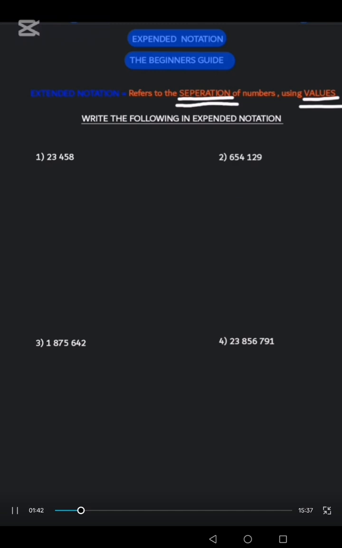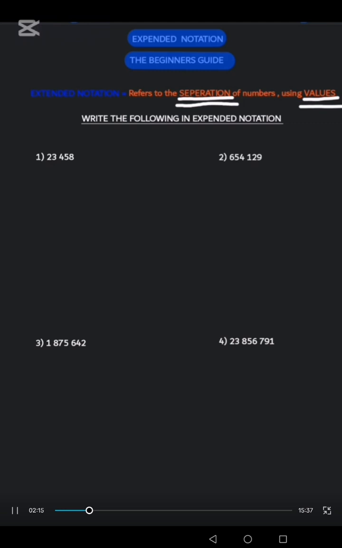The first number they give us is 23,458. We are going to write this number in expanded notation by separating each digit using their values. We need to first find the value of the first digit in the number.